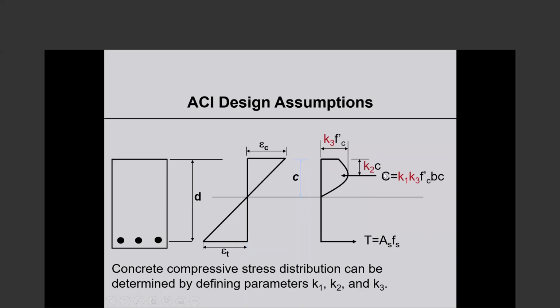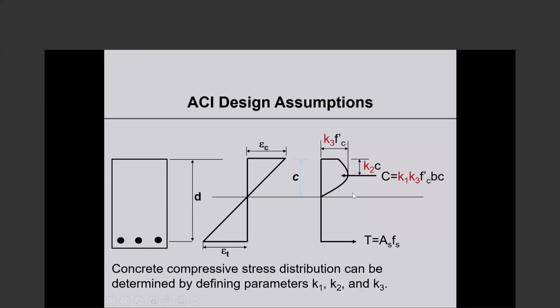We are also saying that this total compression in the concrete is the k3 f'c times the width of the section b times the neutral axis depth c if k3 f'c were the uniform stress over the compression zone. But k3 f'c is not uniform over the compressive zone.